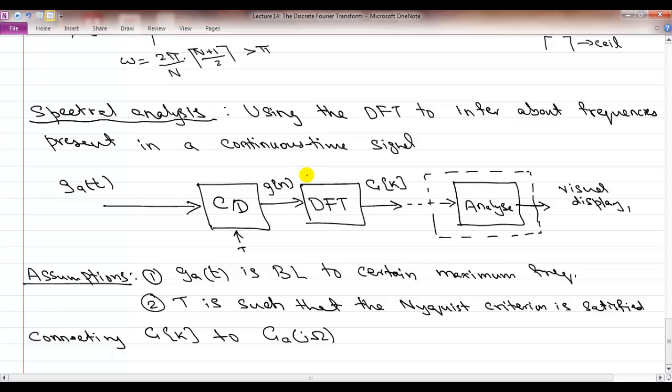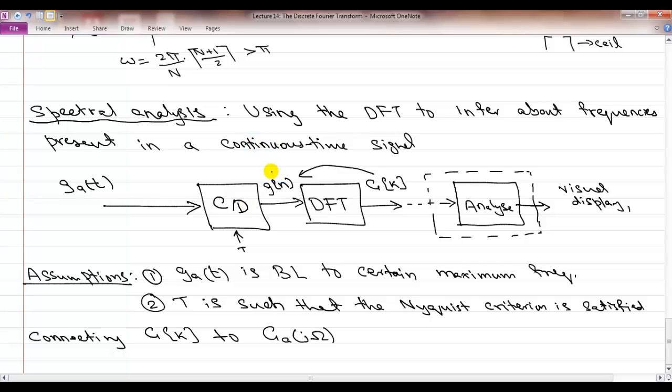So to connect G[k] to the continuous time signal, what we want to do is first connect G[k] to g[n] in terms of frequencies. Well, we already did that. We already know that the DFT is nothing but samples of the DTFT.